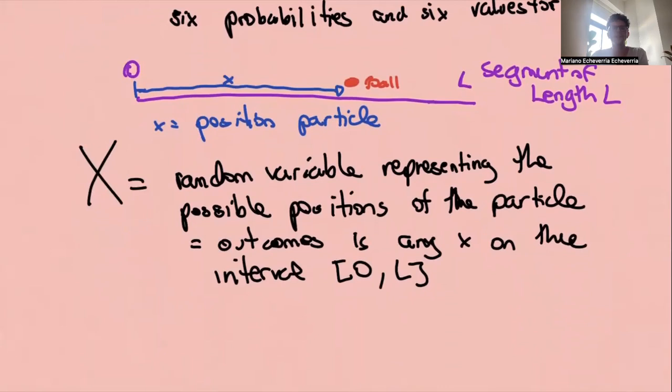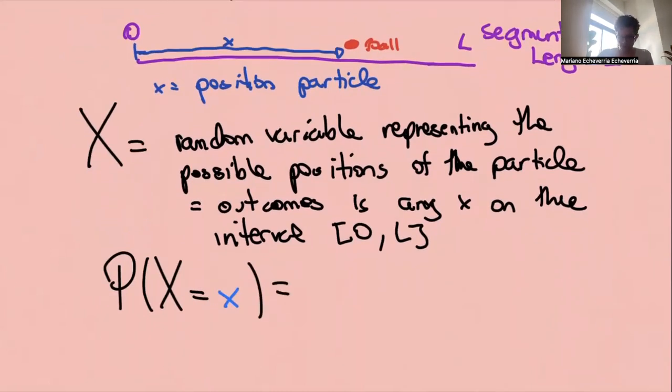So the first thing to realize is that the question of what's the probability becomes a little bit problematic here. What should this be? This is saying, what's the probability that the position of the particle is the particular value x?